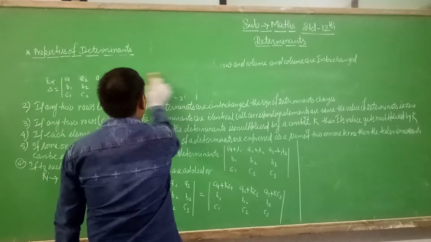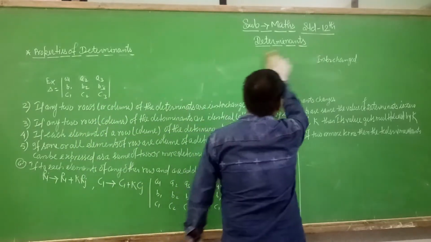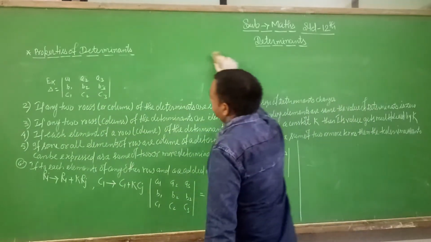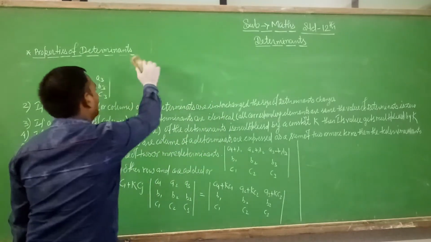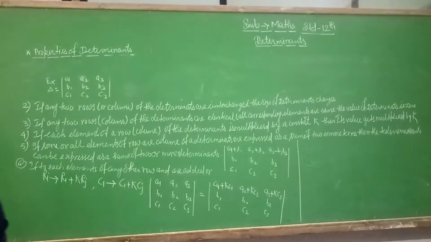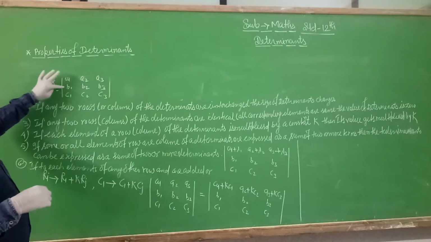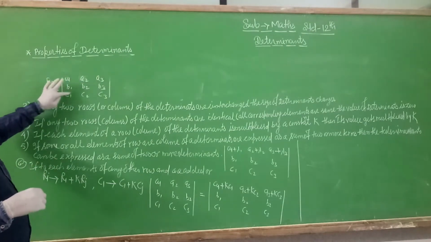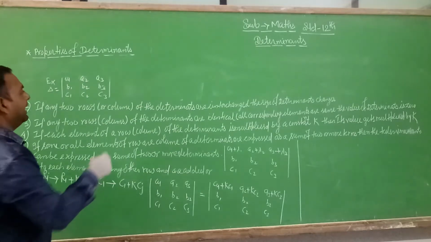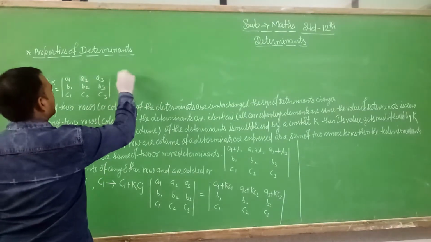So you see in that determinant, in the first case, here is a determinant A1, A2, A3, B1, B2, B3, C1, C2, C3. And I interchange their rows.